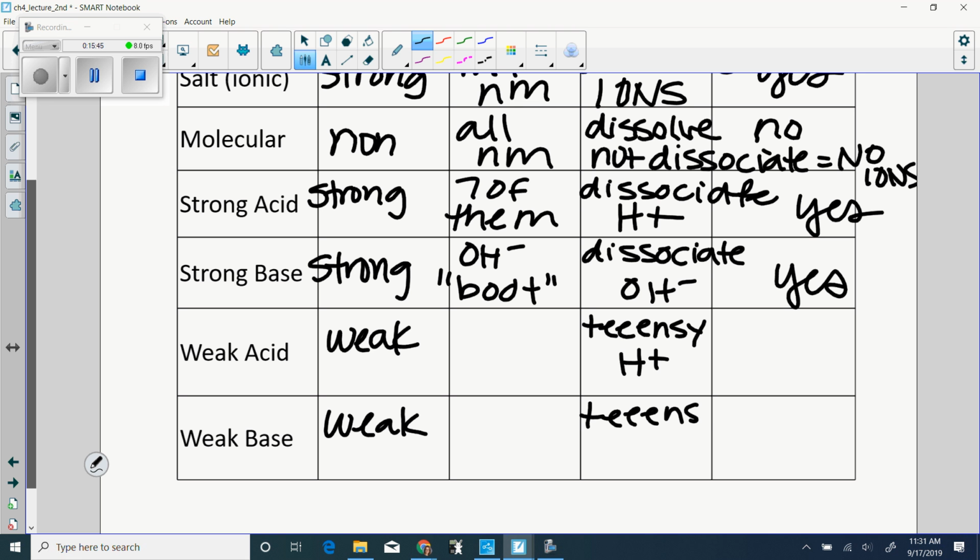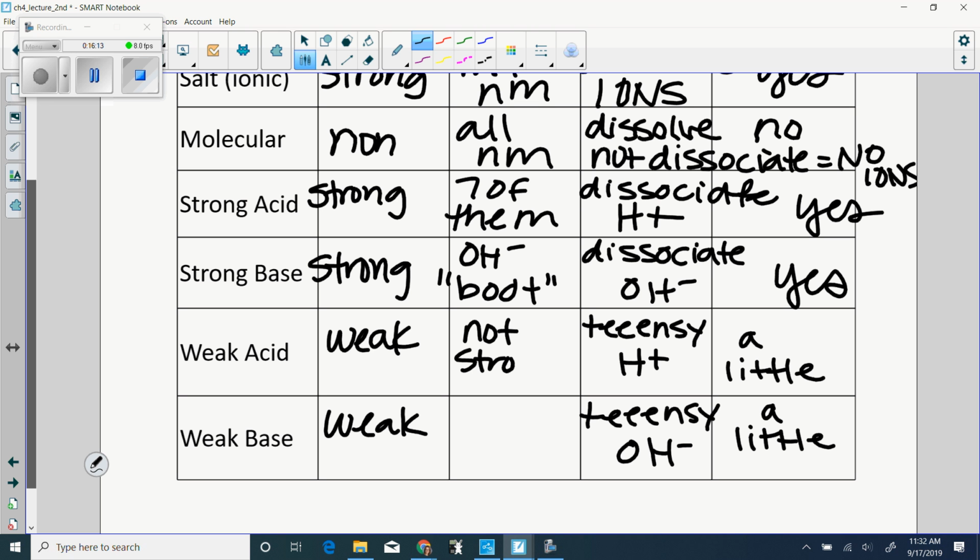Very small. So it conducts a little bit. The light bulb goes up a little bit. How you know if something is a weak acid or a weak base is that it's not strong. You memorize the strong ones and all the other ones have to be weak.